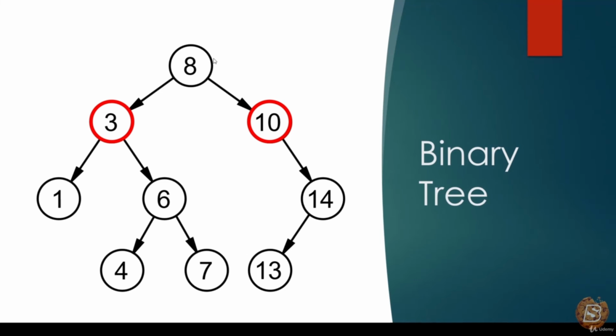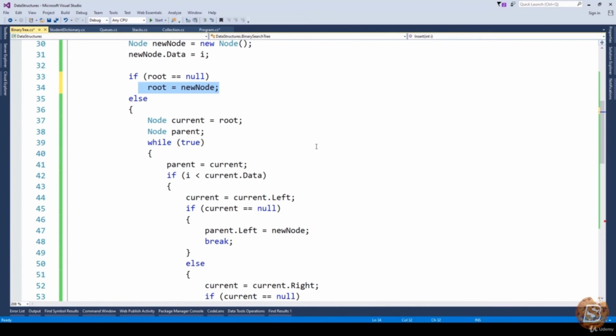So in case this root node was already defined, then it would be further searched where this particular value will be inserted. In this scenario, let's assume if root node was occupied, then we'll have to find whether left node is available or not, and if that is also occupied, then we'll have to check about the right node, and if it's available, the value will be inserted at that position. And that's what we are doing over here.